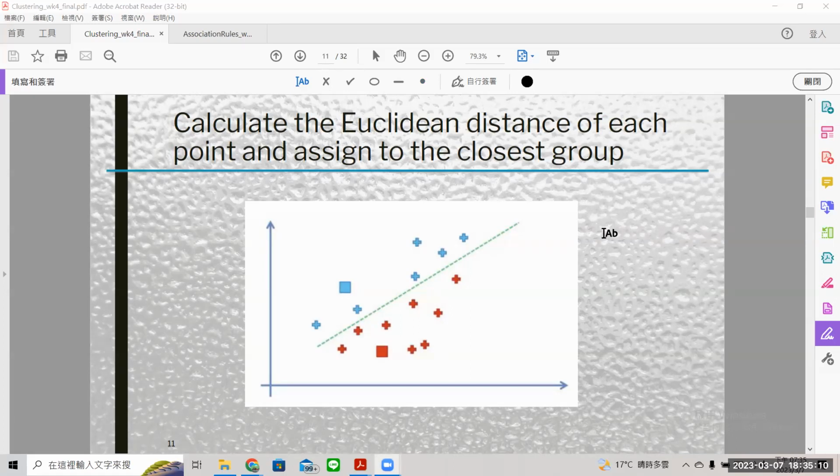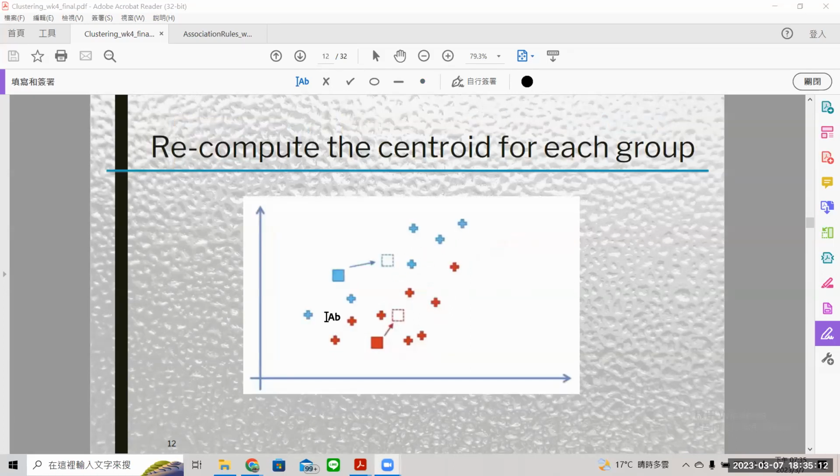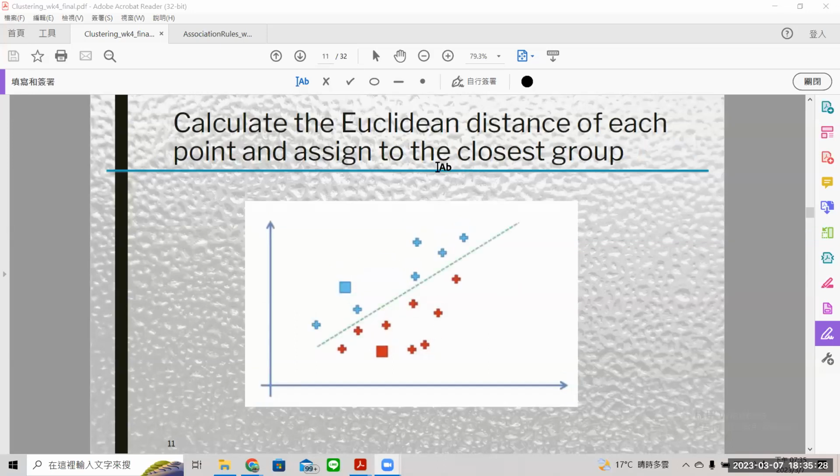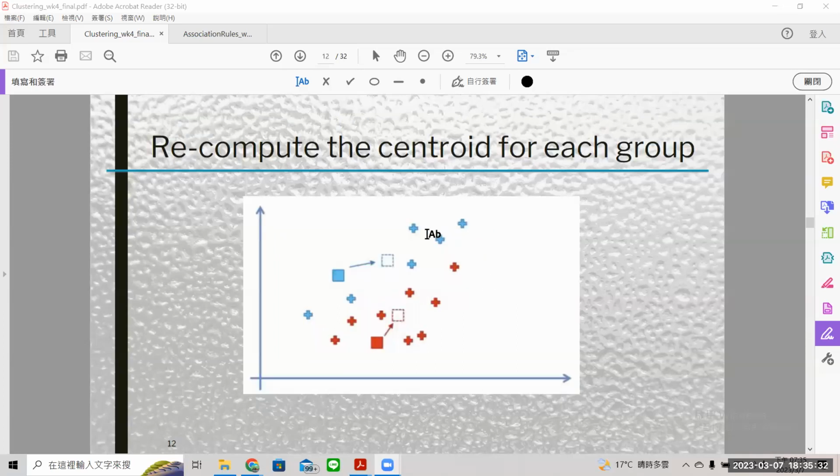And after that, we go to step 1 again. Once you finish your assignment, you can recompute the centroid for each group, because you already reassigned in this step. Maybe you say, okay, you are on the blue side, you are on the red side, you recompute.